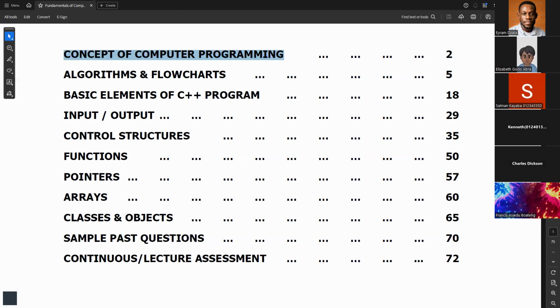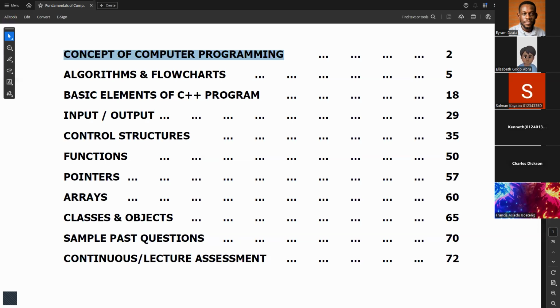We also talked about the evolution of programming languages, how they started, talking about the binary and machine languages. We talked about assembly languages, the procedural languages, and lastly, the object-oriented programming languages.